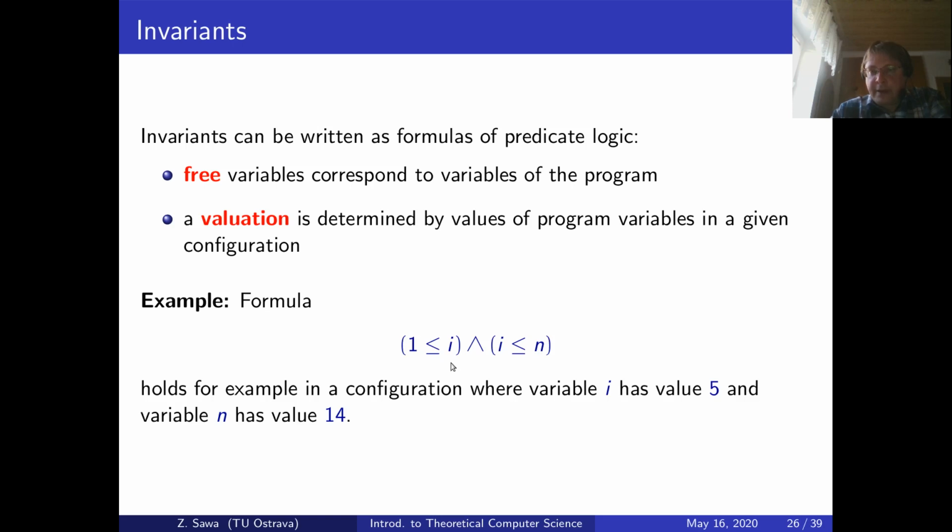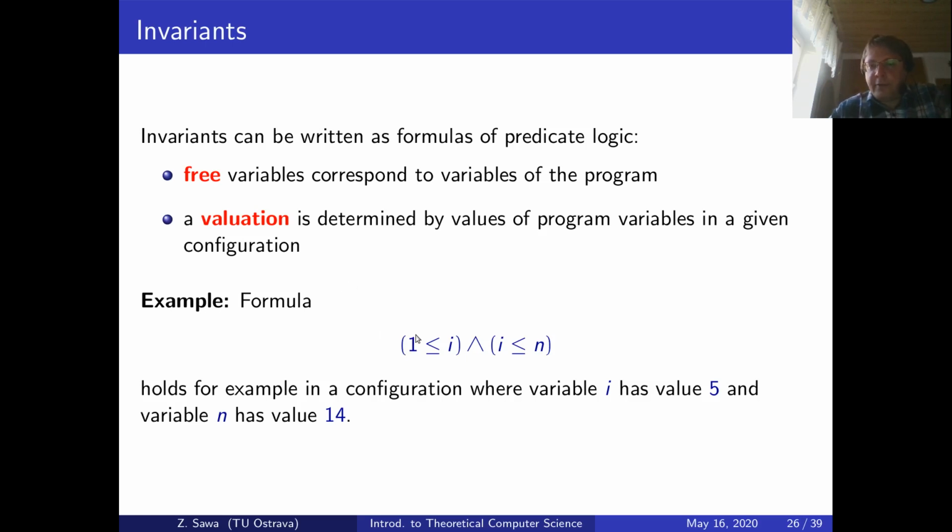Where the interpretation corresponds to the meaning of the predicates and functions I would use in these formulas. Here I do not use any functions, but I use this constant 1. It is interpreted in the standard way. So let's say, for example, the values of the variables could be integers.